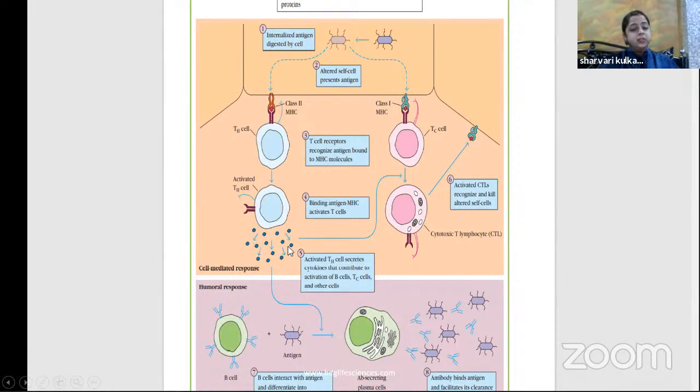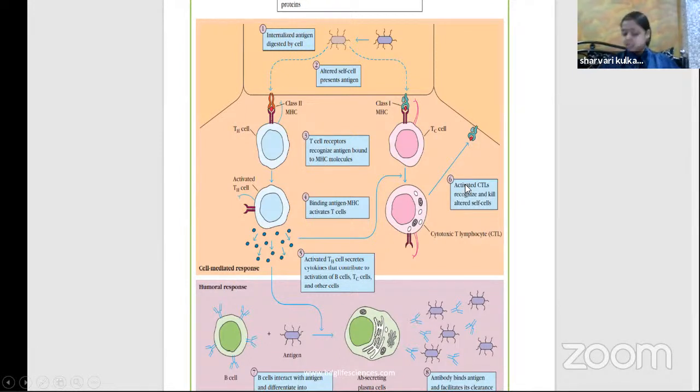This reaction will release cytokines. These activated T helper cells, when they release cytokines, contribute to the activation of B cells on one line and TC cells on another line.